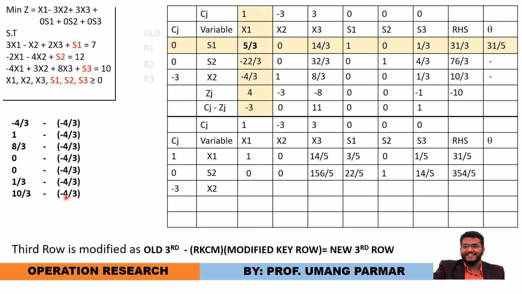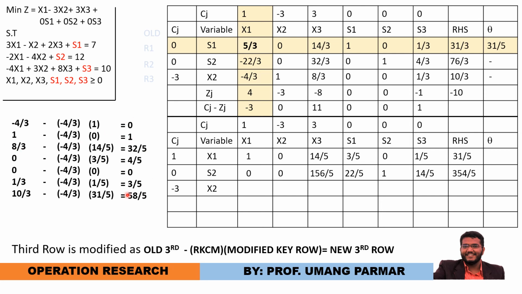So I have mentioned minus 4/3, which will be multiplied by the modified key row. Here you can see my modified key row: 1, 0, 14/5, 3/5, 0, 1/5, and at last 31/5. After simplification I got 0 because minus 4/3 minus minus 4/3 is 0.